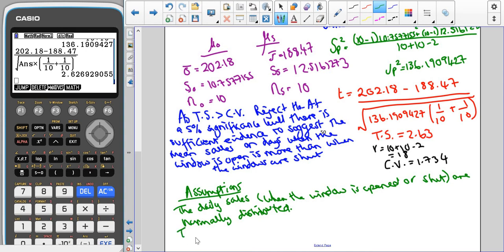And the sample of days is a random sample, and that always has to be true.